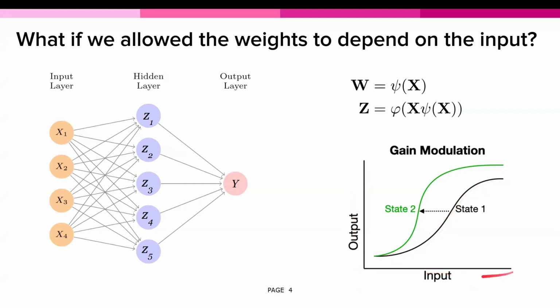But in another context, in a slightly different setting, the same input might cause a different activation. And so this is the more general class of functions that we're after right now.